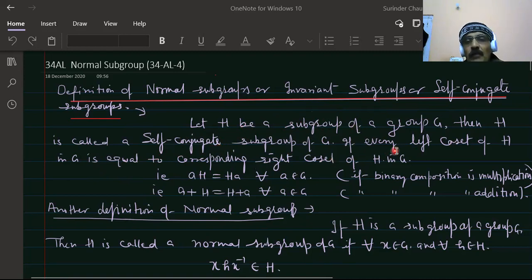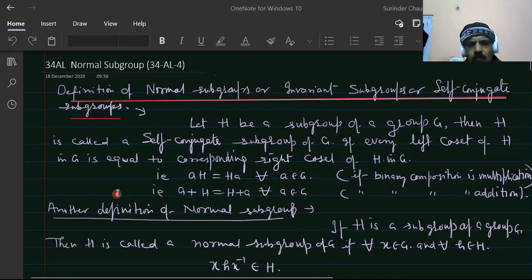of G if every left coset of H in G is equal to the corresponding right coset of H in G. So we have read about what is a left coset and what is a right coset. What is the meaning of this?